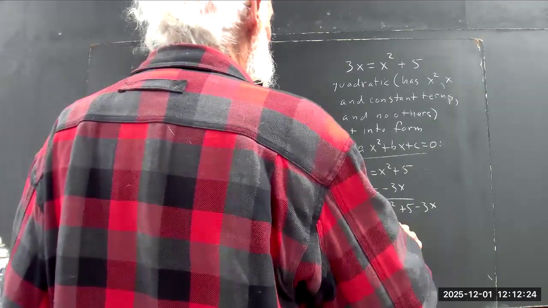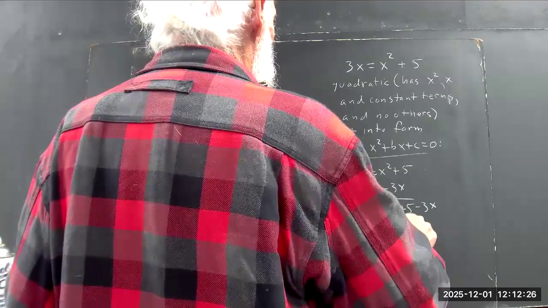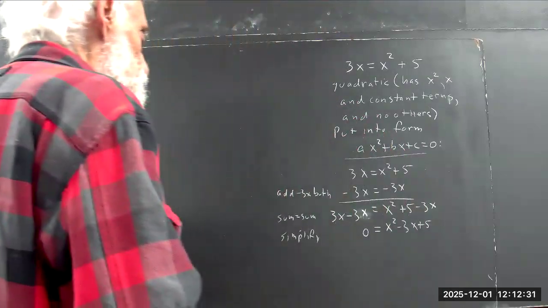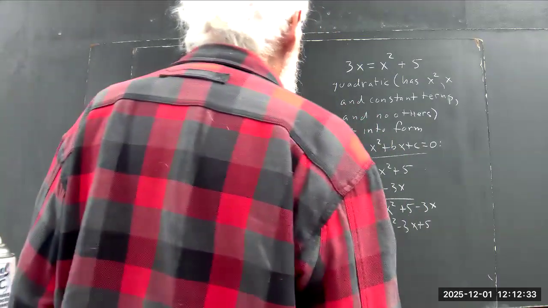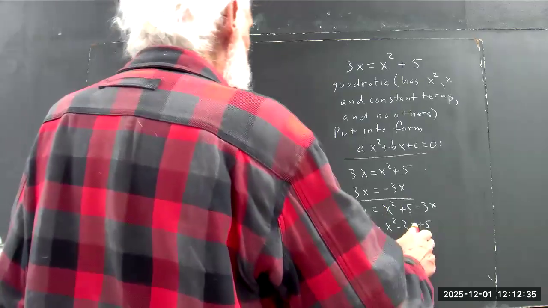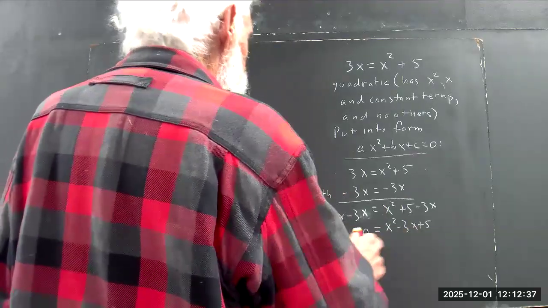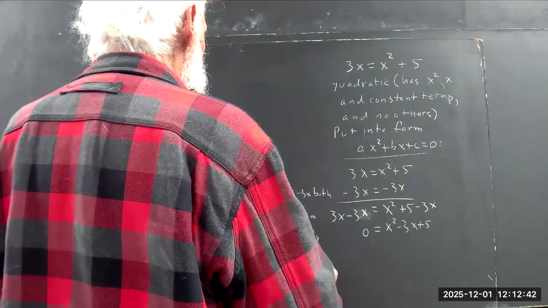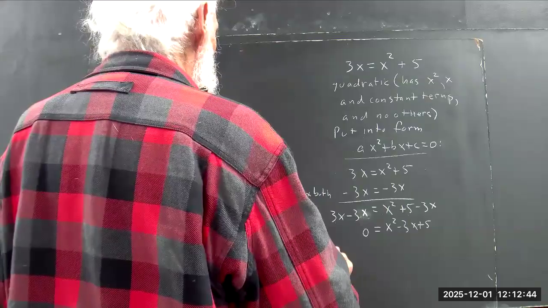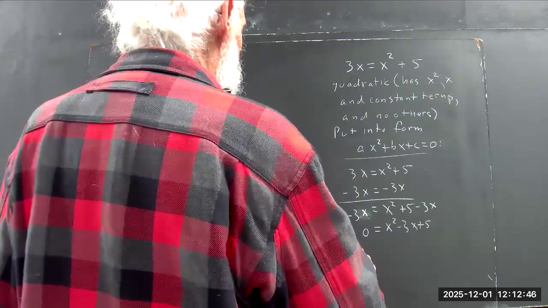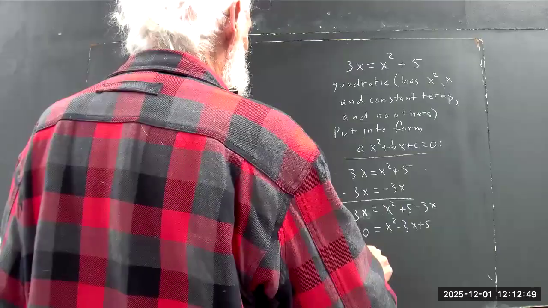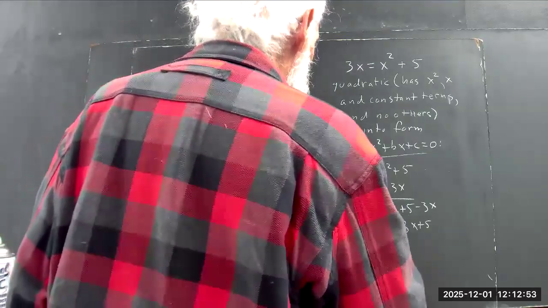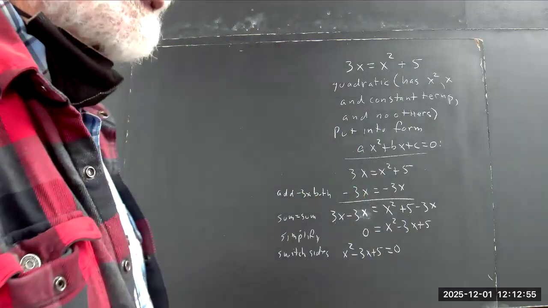And we're going to write this side as x squared minus 3x plus 5. And then if this is equal to this, the two sides are equal. We can switch sides, giving us x squared minus 3x plus 5 equals 0, which we're going to easily solve using the quadratic formula.